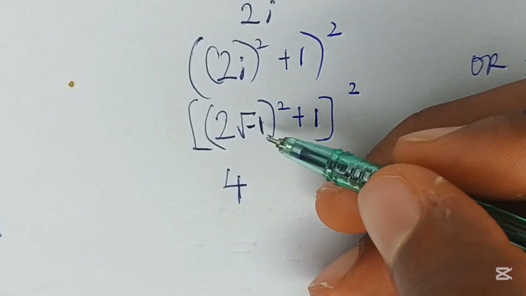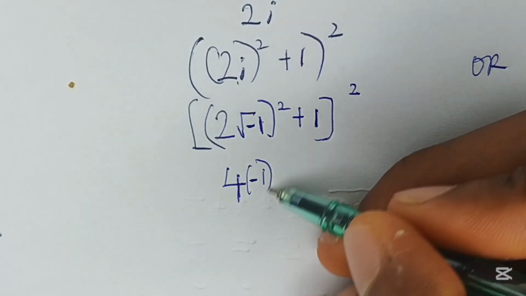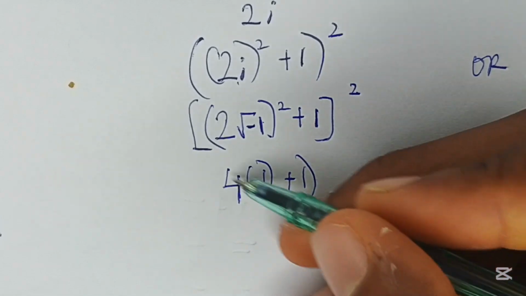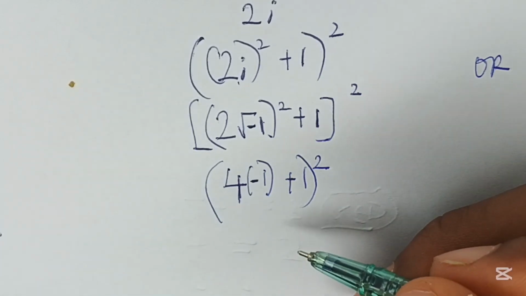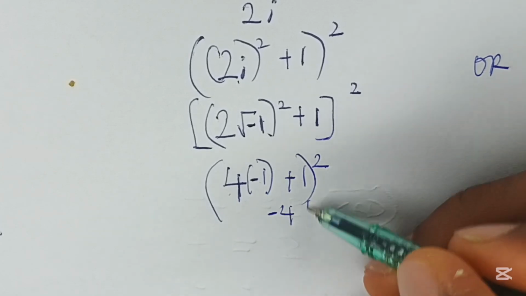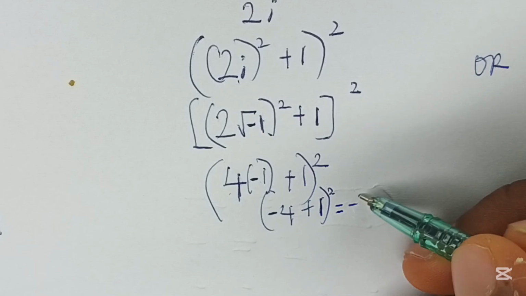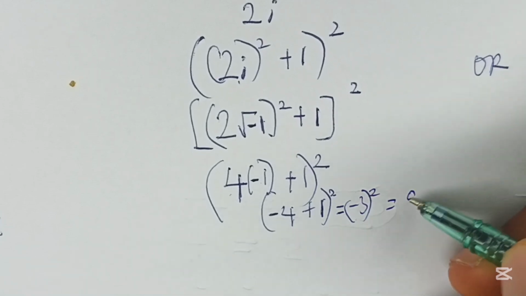Root of minus 1 times root of minus 1 is minus 1. Okay, plus 1, all raised to the power of 2. 4 times minus 1 is minus 4, plus 1, which is equal to (minus 3) all squared, which is equal to 9.